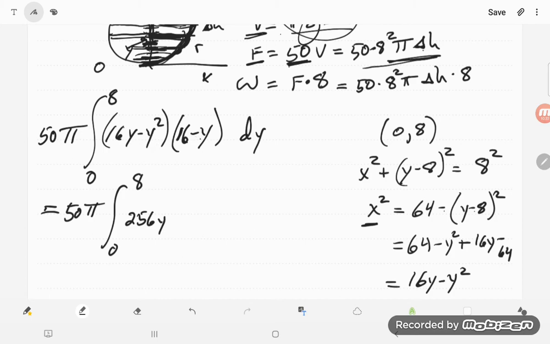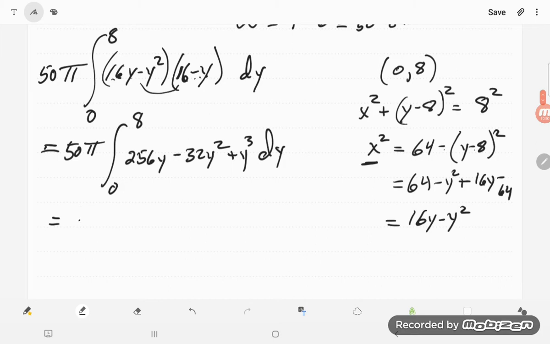Then I have a 16y times a minus y, that's minus 16y squared. Here's another minus 16y squared. And so that is minus 32y squared. And then plus y cubed dy.